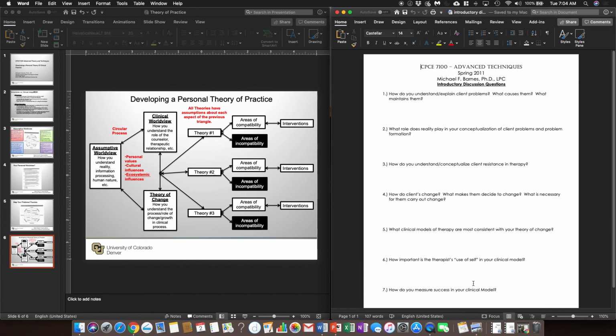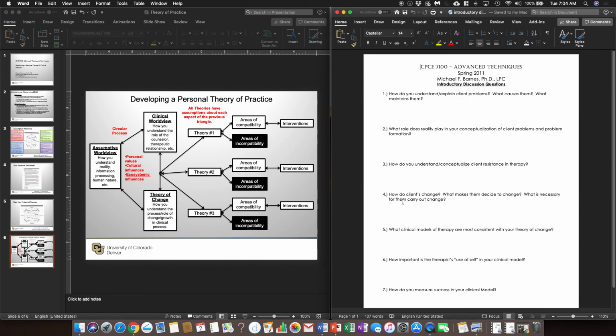And then the last is, how do you measure success in your clinical model? There's a lot of models of addiction that try to teach social use. Clearly, we don't adhere to that in the abstinence-based models of therapy.